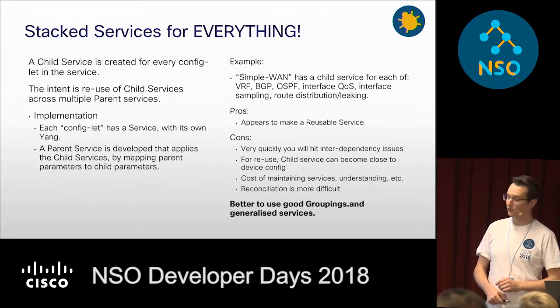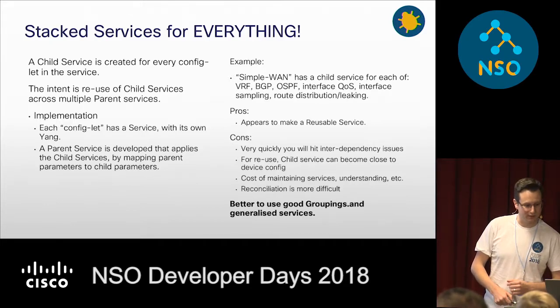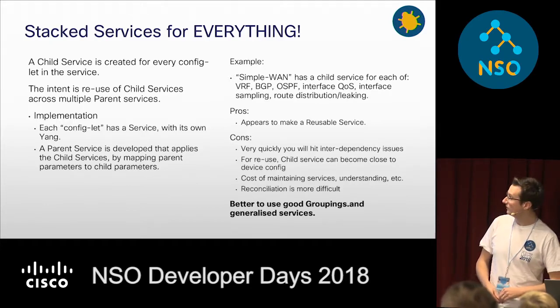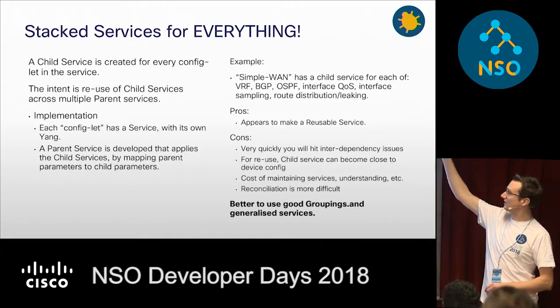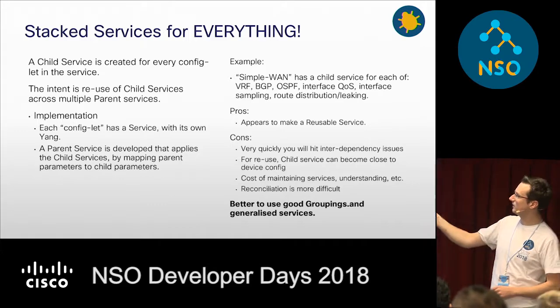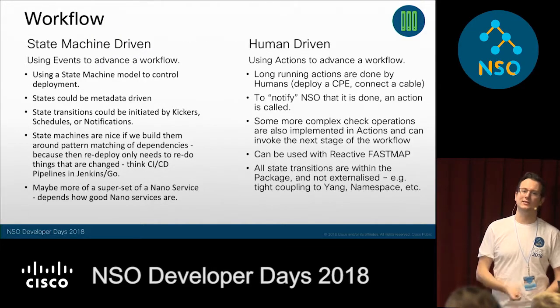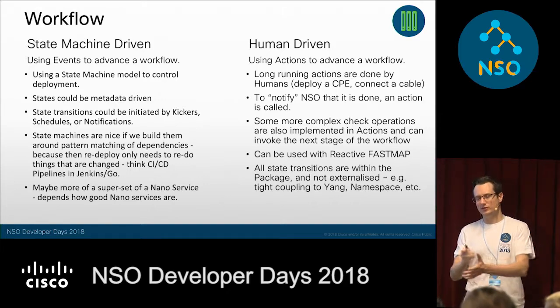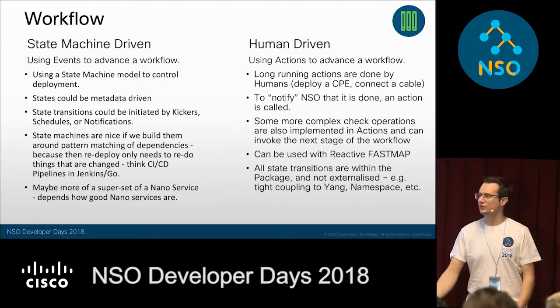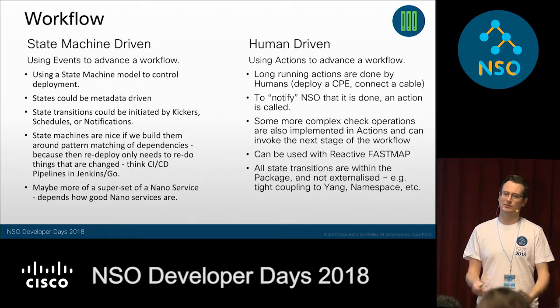Anti-pattern. One or two more. So this one, originally this was a pattern, but so workflow in NSO. I think everyone who's worked on any large service package with NSO has ended up starting to implement some sort of workflow inside their package. And you have a couple of options.